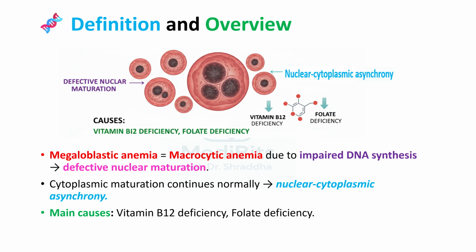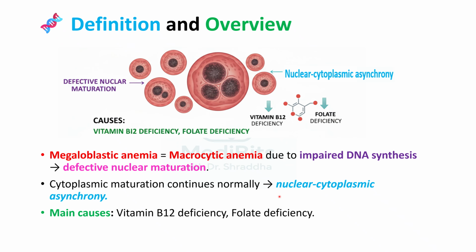Okay, now what exactly is megaloblastic anemia? It is a type of macrocytic anemia, meaning the red blood cells are larger than normal. But size is not the only issue, it is the reason behind that matters. Here the defect lies in DNA synthesis. Because DNA synthesis is impaired, the nucleus matures slowly while the cytoplasm continues to mature at its usual pace.